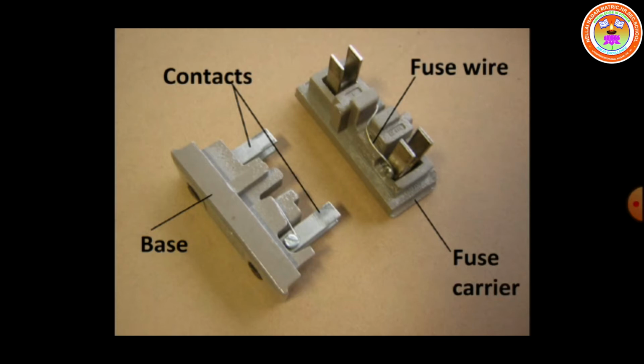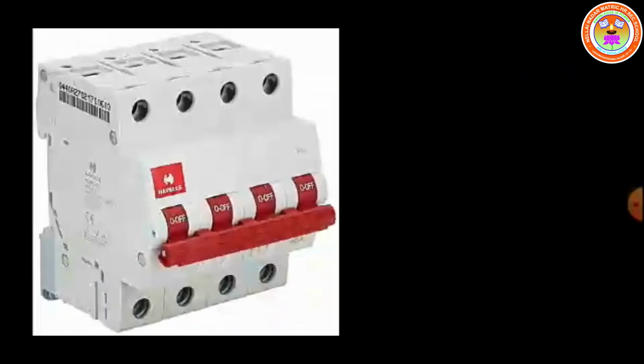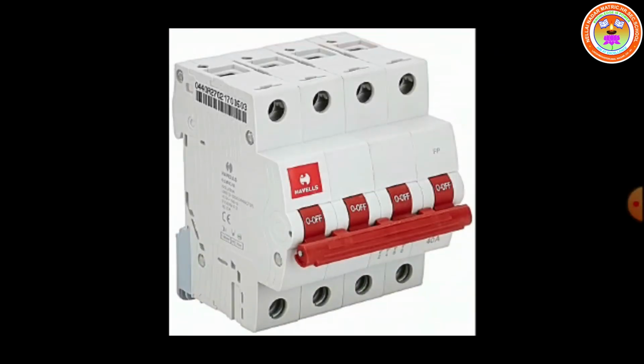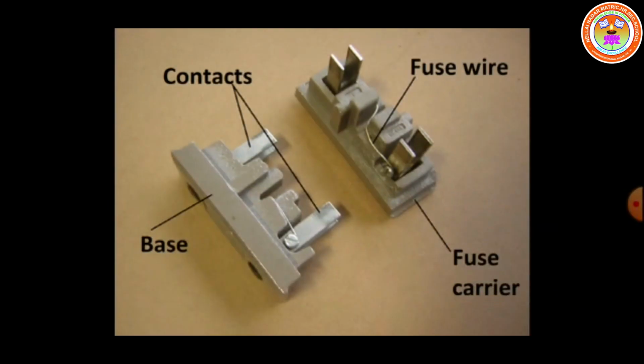It has a body made of ceramic and 2 points for connecting the fuse wire. The fuse wire melts whenever there is an overload of current in the wire. This breaks the circuit and helps in preventing damage to costly appliances and to the wiring.